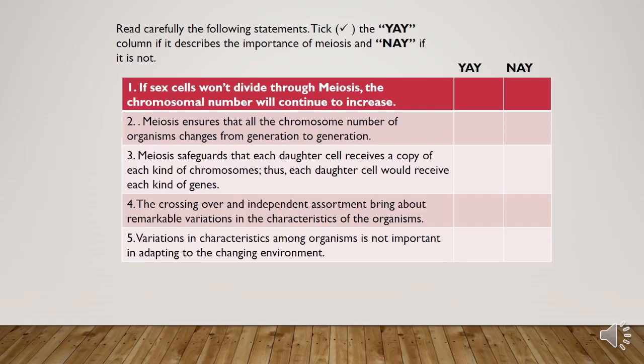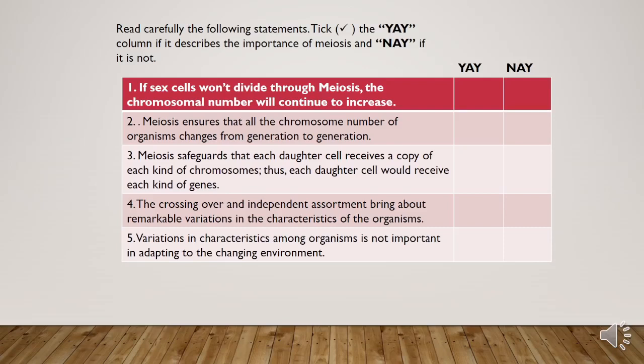Number 2, meiosis ensures that the chromosome number of organisms changes from generation to generation. Number 3, meiosis safeguards that its daughter cell receives a copy of its kind of chromosomes. Thus, its daughter cell would receive its kind of genes. Number 4, the crossing over and independent assortment bring about remarkable variations in the characteristics of the organisms.